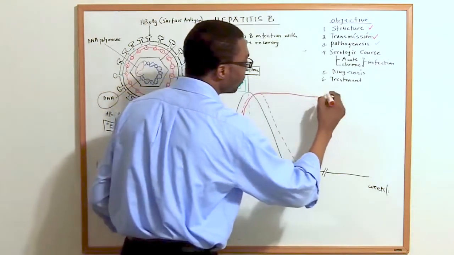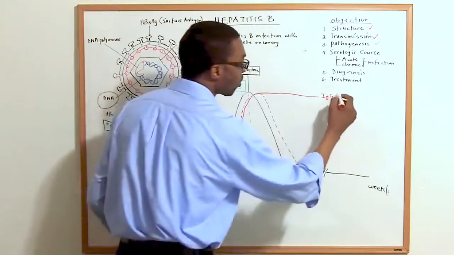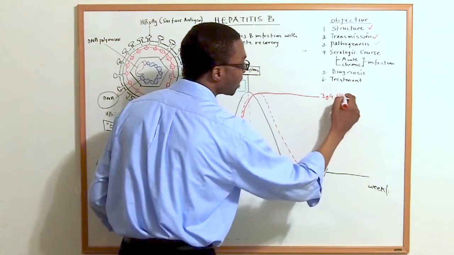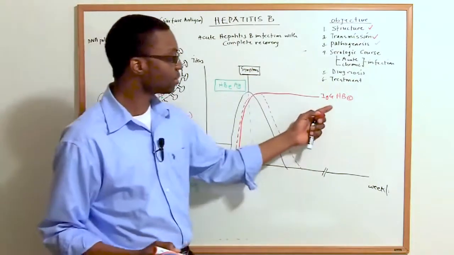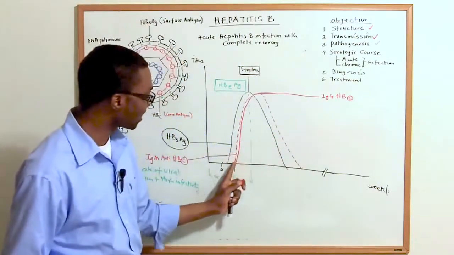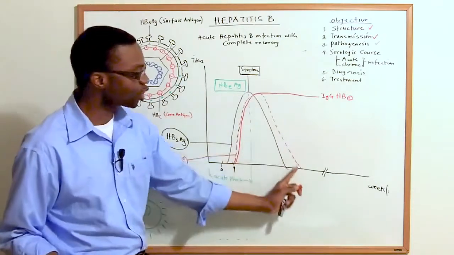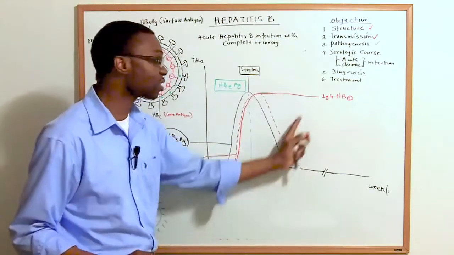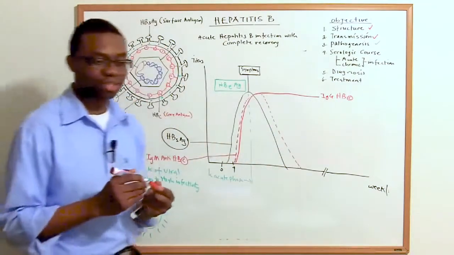So eventually we're going to make IgG against the core, the hepatitis B core antibody, over time. At the same time as we are making IgM, see, IgM is going to drop off, but IgM is not going to last. So we want to keep the IgG around against the core antigen.